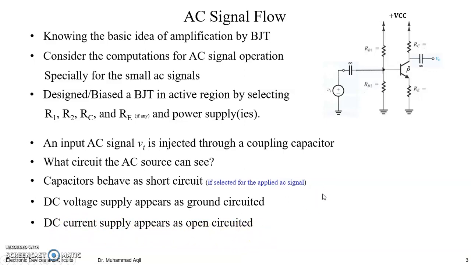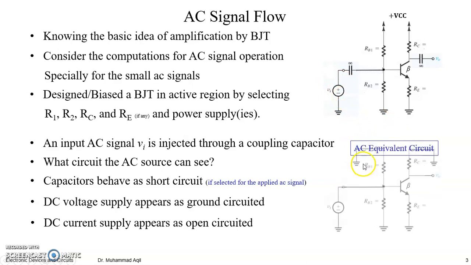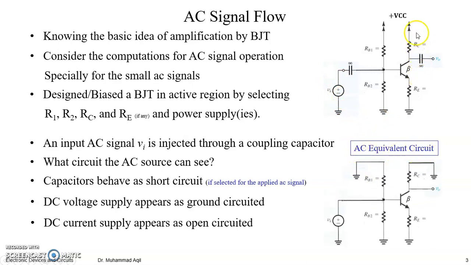Now let's see the AC equivalent circuit of this amplifier, the circuit which this source is going to see. We will call it the AC equivalent circuit. The DC equivalent circuit was this, right? The capacitors became open circuited, but now capacitors become short circuited. DC voltage sources behave as ground, and any DC current supply appears as an open circuit.